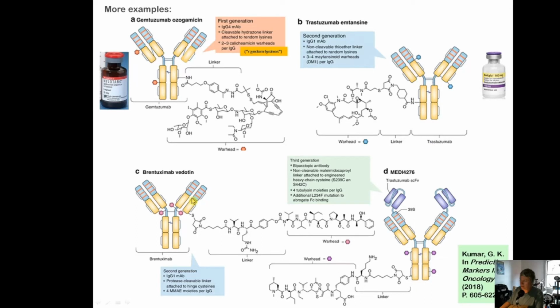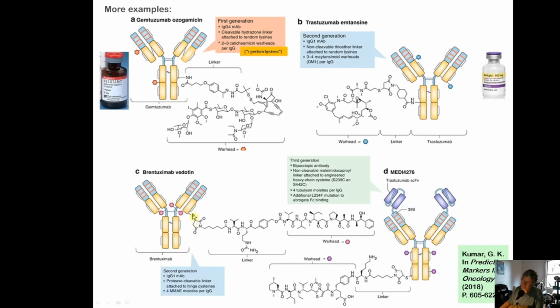These are a couple more. Brentuximab vedotin, which is the one I just showed. This is connected to MMAE, which is an anti-mitotic peptide. And these are connected to cysteines.